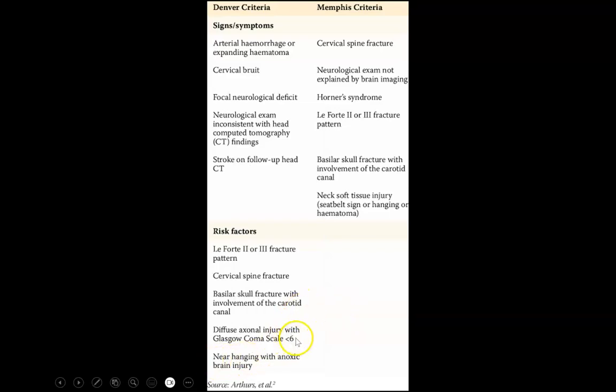You have anoxic brain injury, you have to do an angiography. So these criteria apply in cases of head trauma, not only cervical injury. But cervical injury is one of the risk factors for CT angiography.